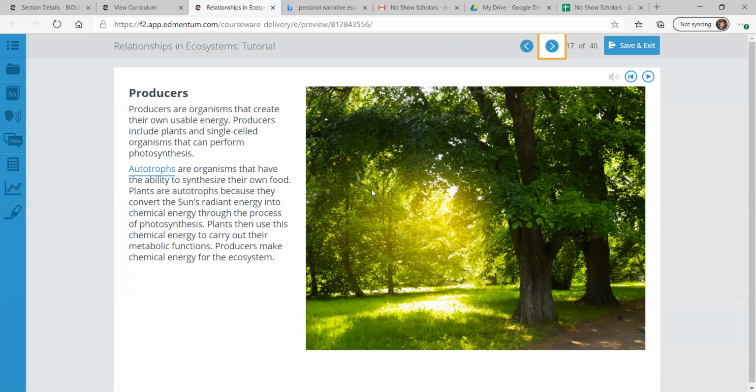Plants are autotrophs because they can convert sunlight, which is radiant energy, into chemical energy through the process of photosynthesis. Plants then use this chemical energy to carry out their metabolic functions. Producers make chemical energy for the ecosystem.